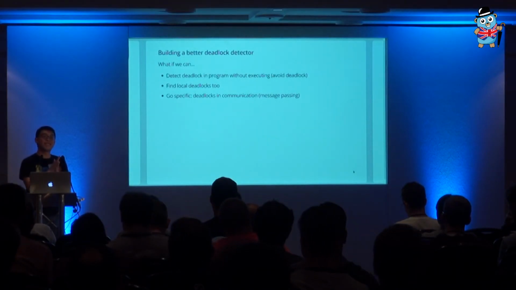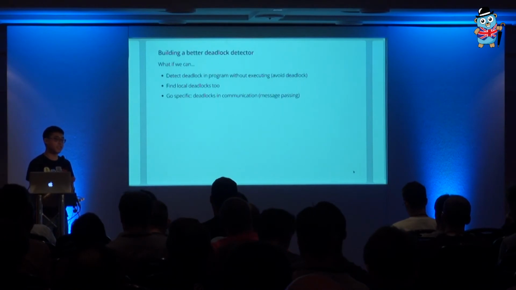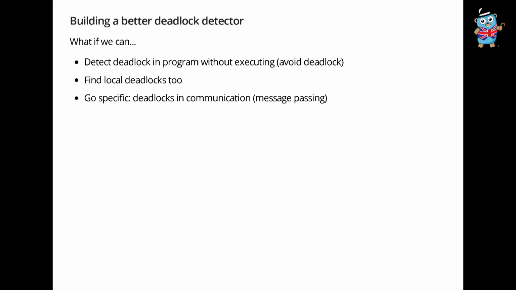Well, so we set our minds out to build a better deadlock detector than the one that's already in Go. And what if we can detect a deadlock in a program without running it? So it doesn't depend on how long the program runs. We can just know whether there's a deadlock or not.